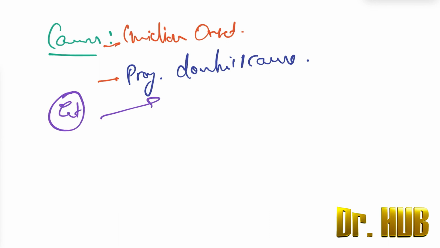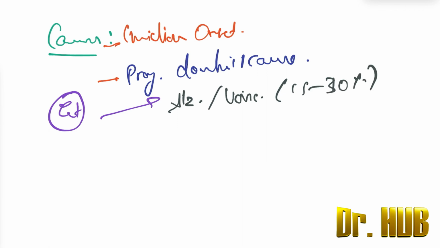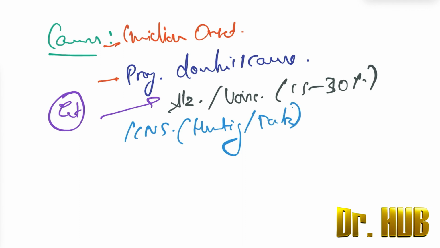Now, what about the etiology of dementia? The cause can be Alzheimer's disease, then vascular disease, which is about 15 to 30%. There are also CNS diseases, that is Huntington's as well as Parkinson's disease.